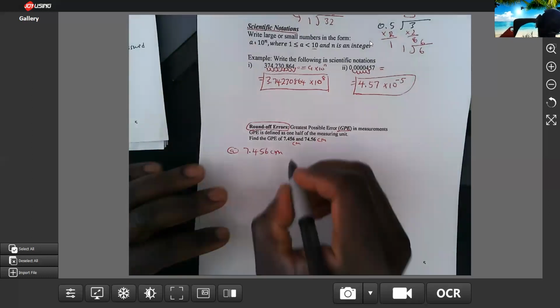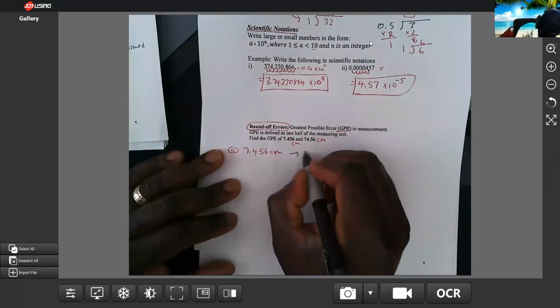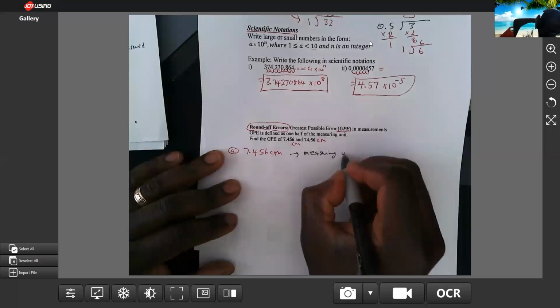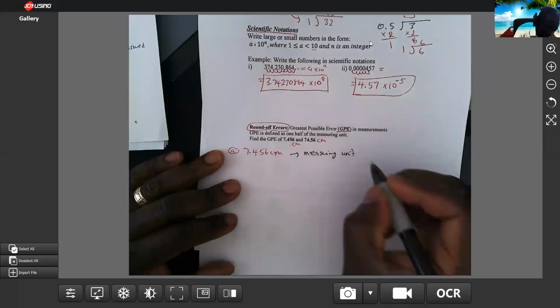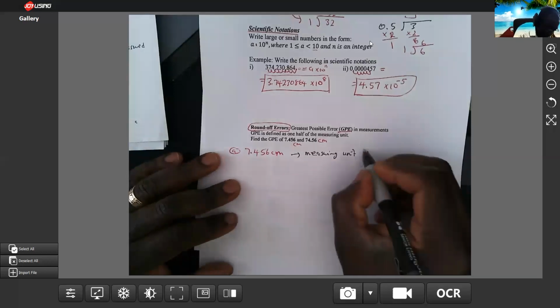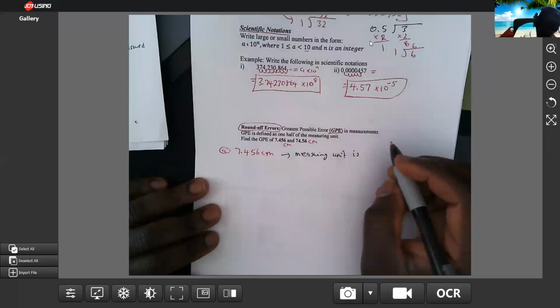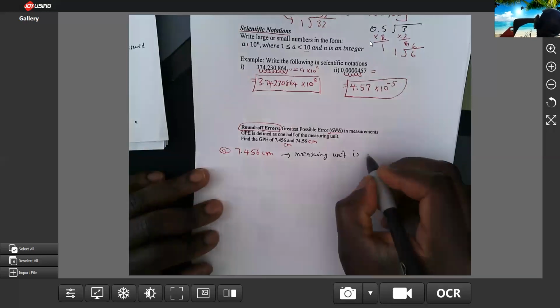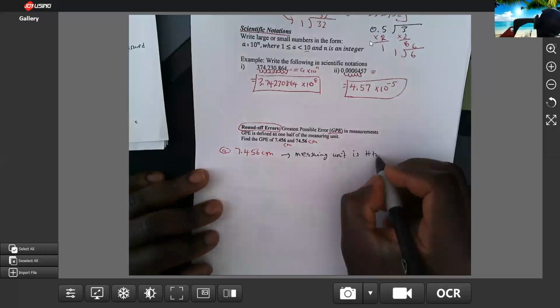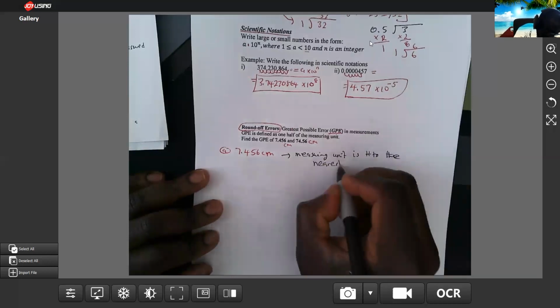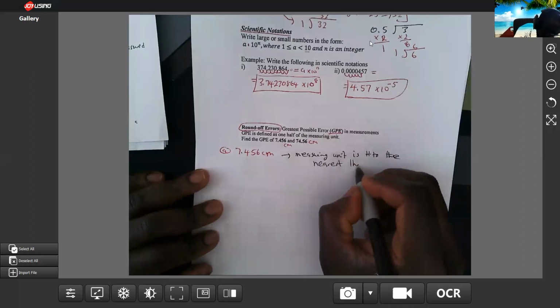So here, the measuring unit is to the nearest thousandths.